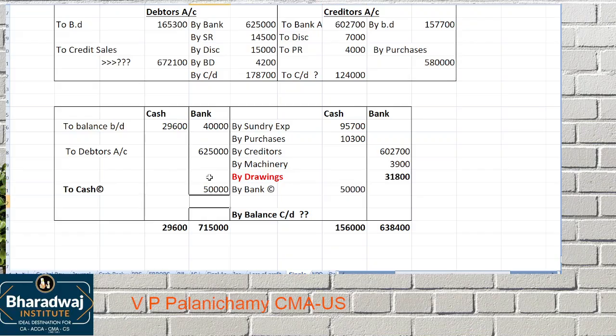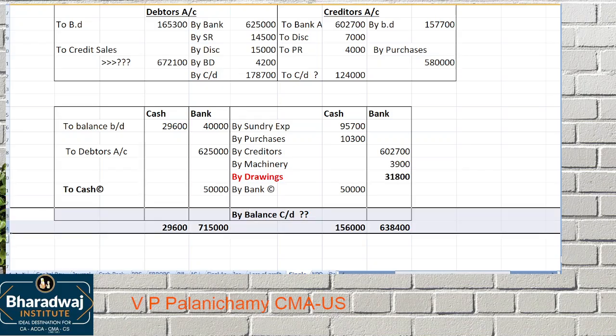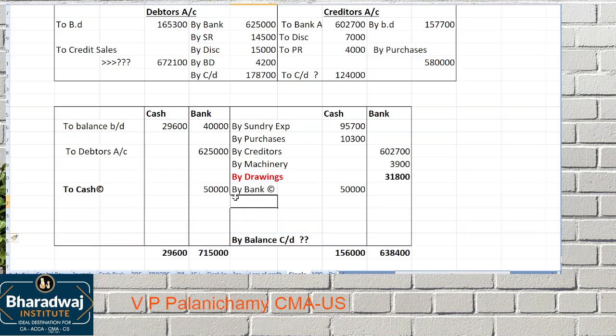Then cash withdrawn from bank, for what purpose? 92,400. That also will come as a contra entry. By cash contra in the bank column, how much did we withdraw? 92,400 to bank in cash column, contra entry 92,400.